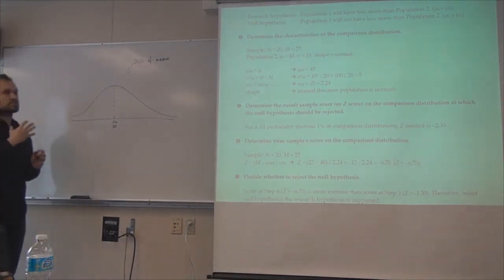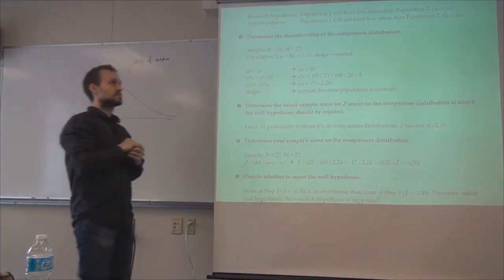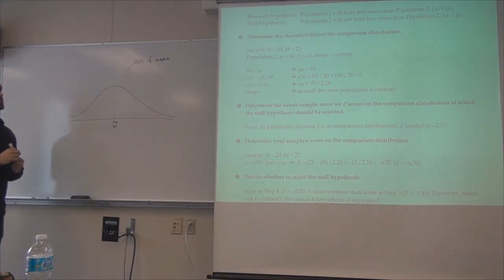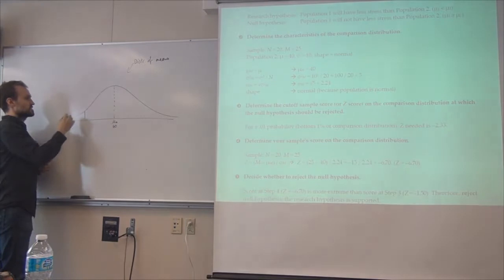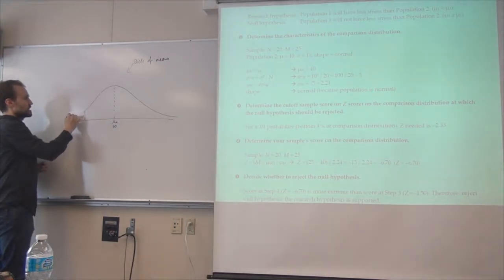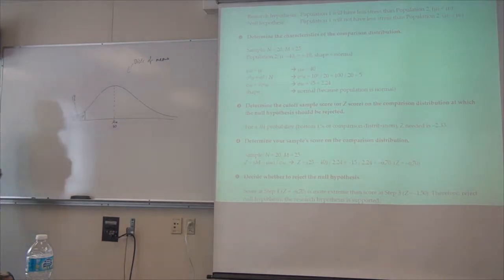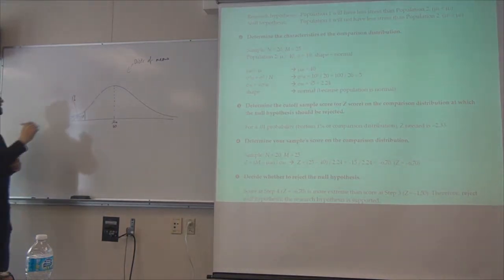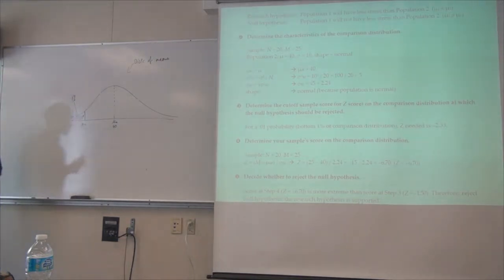One, because I'm only interested in looking at if the mean is less than the population 1 mean. So I'm going to have a cutoff here somewhere that I'll exaggerate so that this over here is 1%. Now what is the z-score that gives me that?